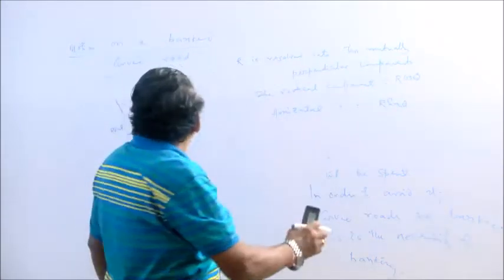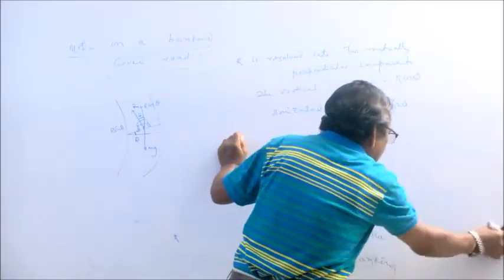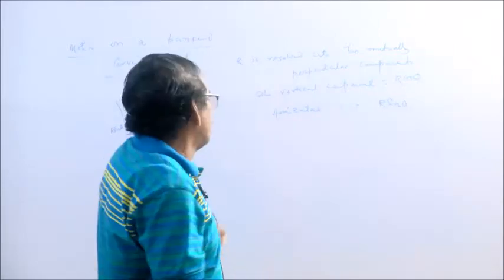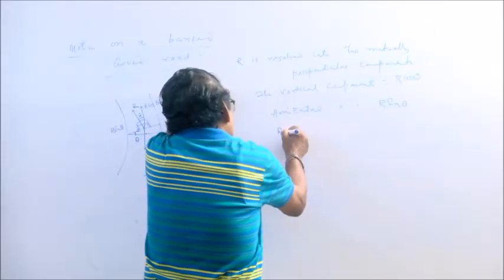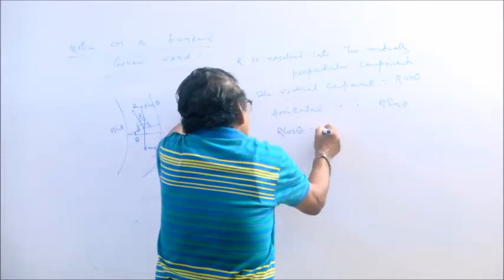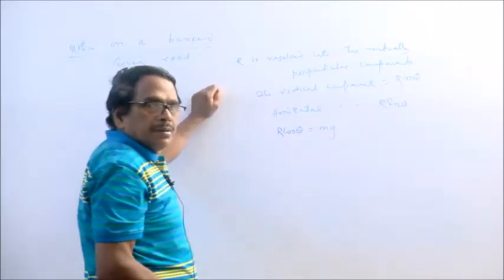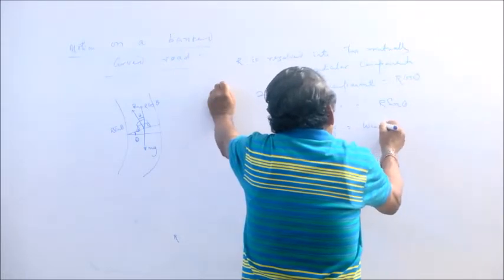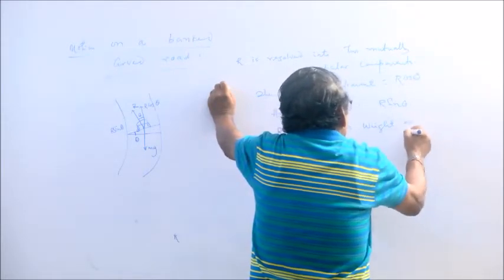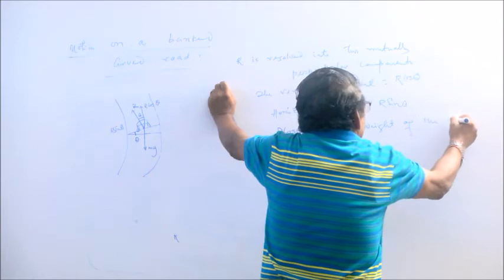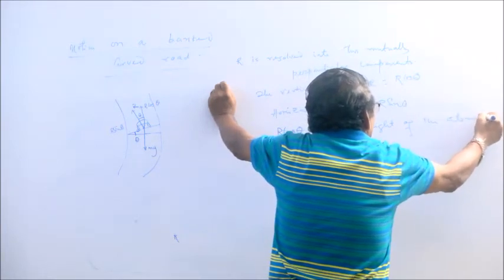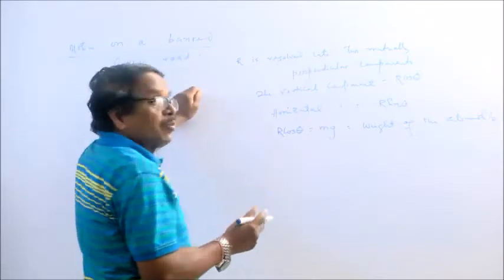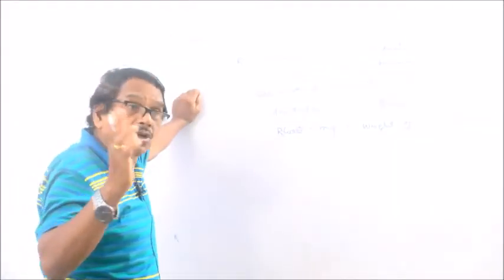In equilibrium position, what happens? R cos theta is equal to the weight of the automobile, which acts vertically downwards. R cos theta is equal to mg. And R sin theta provides the necessary centripetal force for circular motion.